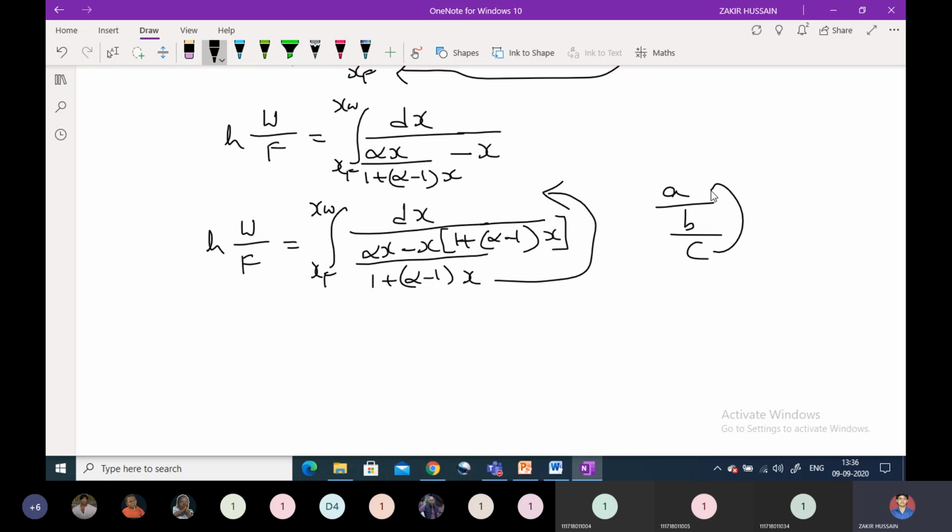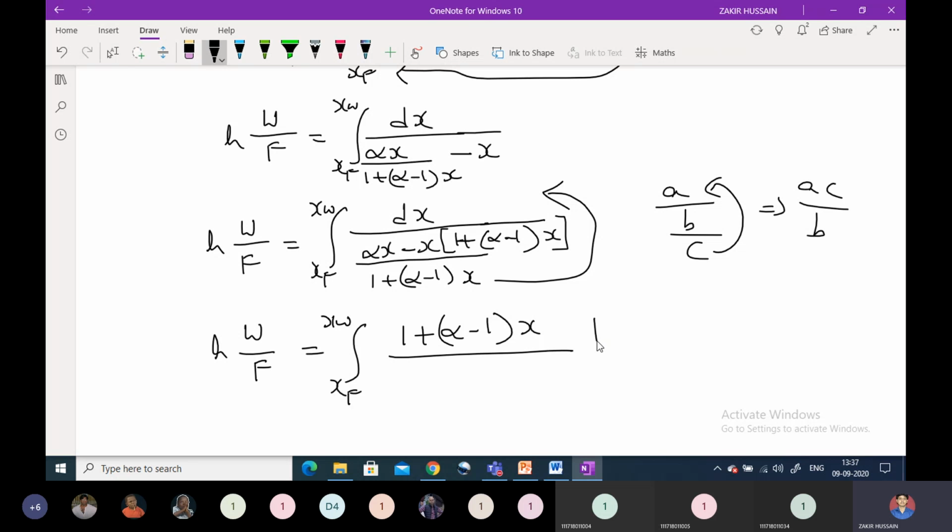The same we apply here: ln w by f is equal to the integral from xf to xw of 1 plus alpha minus 1 into x, divided by alpha x minus x into 1 plus, expanding this, alpha x minus x, with dx written outside.